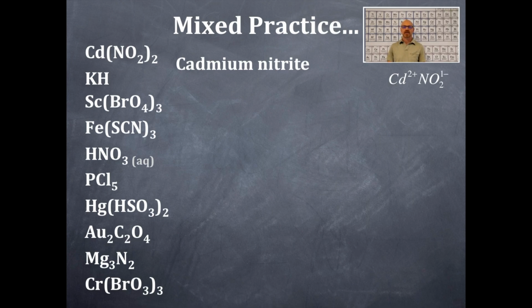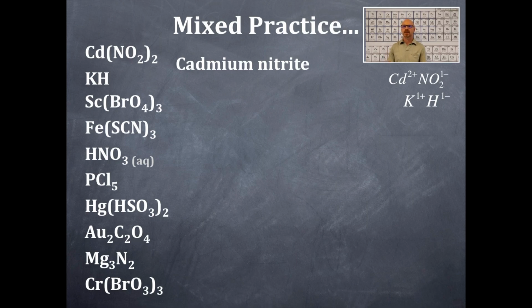The next one is a K, that is potassium, and then a hydrogen. And this is a very unusual case here. So the potassium and the hydrogen, it's really a hydride ion. Anytime you have a group 1, that's potassium, or a group 2 metal combined with a hydrogen, it's going to be that metal name hydride.